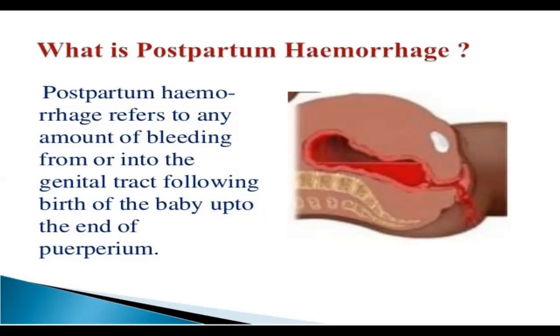Early puerperium is for some 4 to 5 days, and late puerperium is up to 6 weeks. And what is puerperium? It is the changes which take place in the genital tract and uterus, which return to the normal physiological state present during the pre-pregnant state. That is called the puerperium.